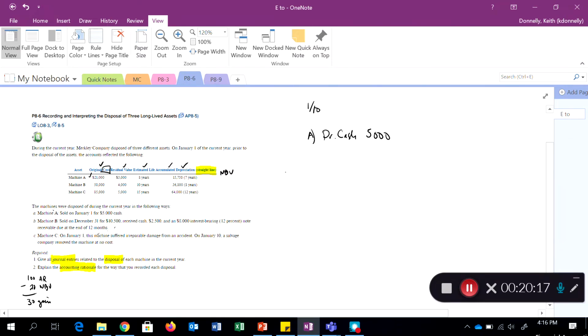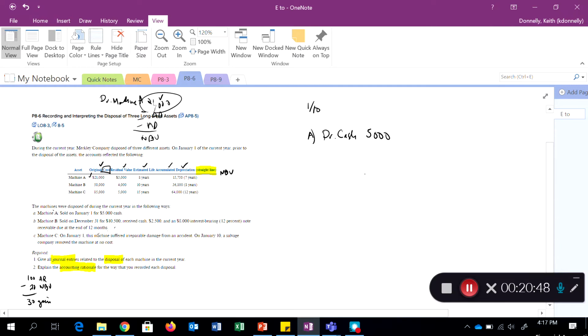When we originally bought it, we debited machine A for $21,000. It stays on there at that amount, and then every year we slowly reduce it with accumulated depreciation to get to our net book value. It's still on our books at $21,000, but when we report it, we also report our accumulated depreciation.